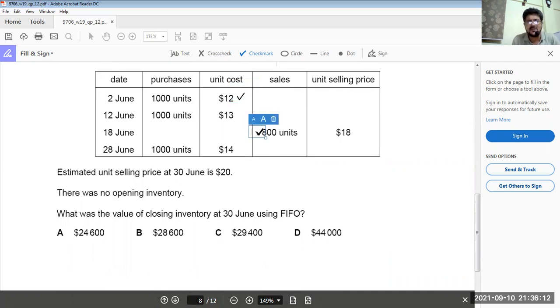Now, how much is left from the 2nd June purchases? 200 units multiplied by 12, 2,400. 1,000 units multiplied by 13 are in inventory, 13,000. 1,000 units multiplied by 14 is 14,000. Total is 29,400. C option is the answer. Getting my point clear?